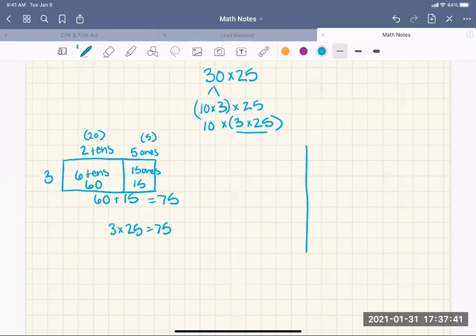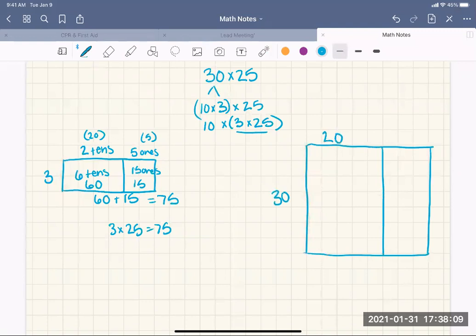So we're going to make our area model a little bigger because now on the side here, instead of having 3, we have 30, and we know 30 is much greater than 3. So make our area model a little bigger. Put our 30 over here on the side. And then break up our 25 again.